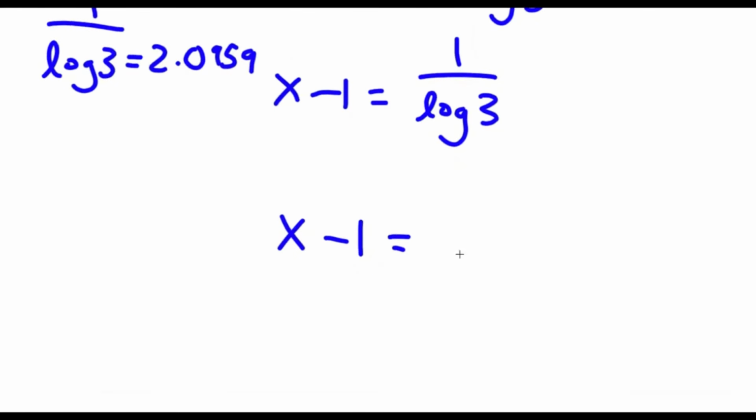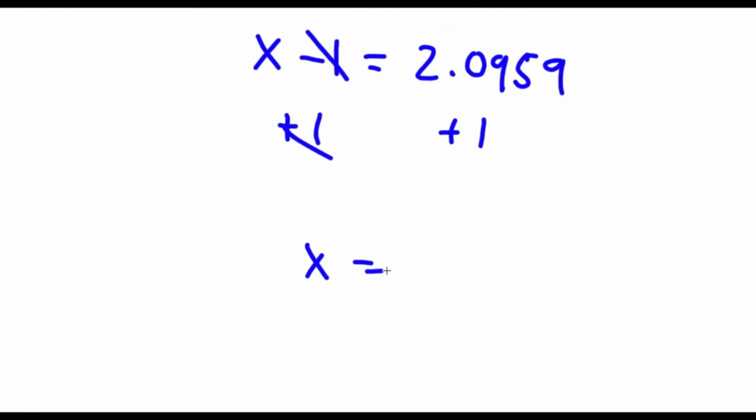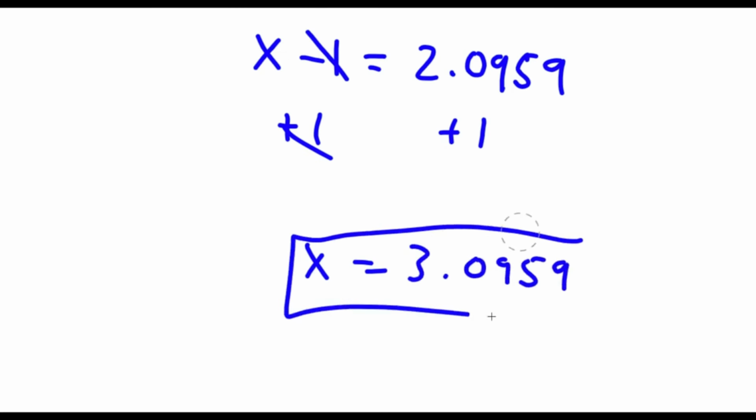So x minus 1 is equal to 2.0959. Now, if I add 1 on both sides, these should cancel out. Now I'm left with x is equal to 3.0959. So this is my answer.